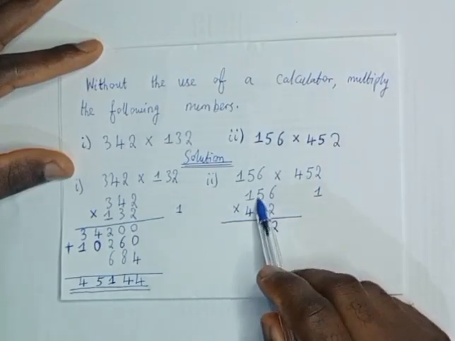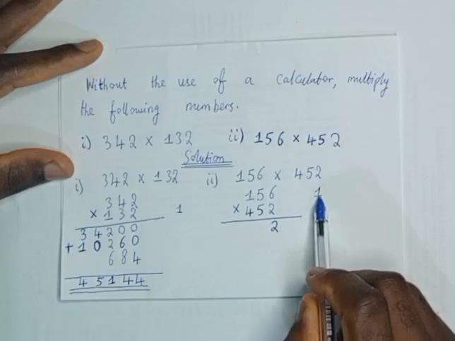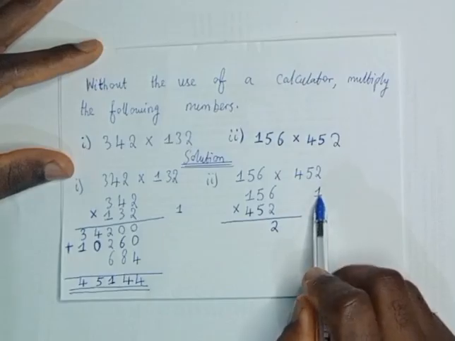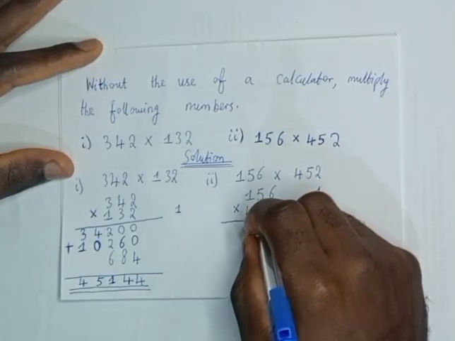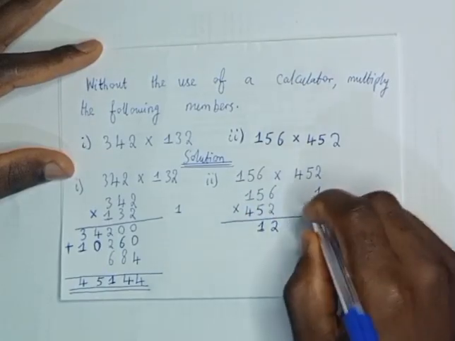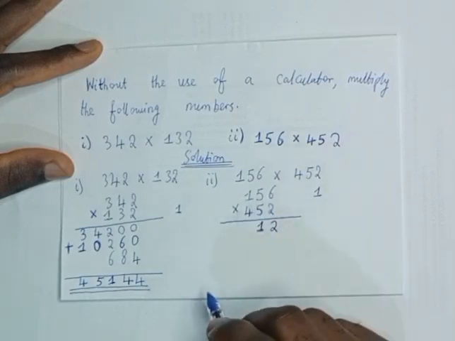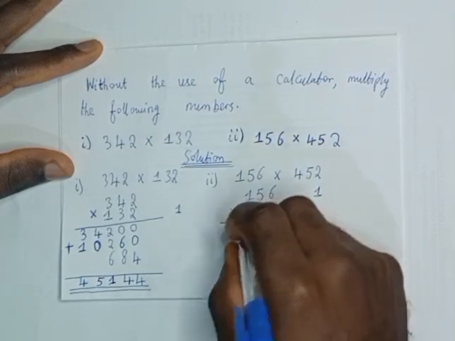Next, we take 2 times 5, it gives us 10. 10 plus 1 we carried gives us 11. We write down 1, the 1 unit in 11, then we carry the 1. 2 times 1 gives us 2, plus the 1 we carried, 3.